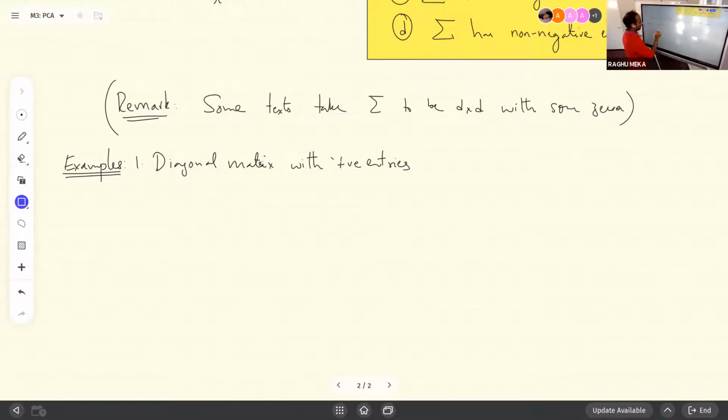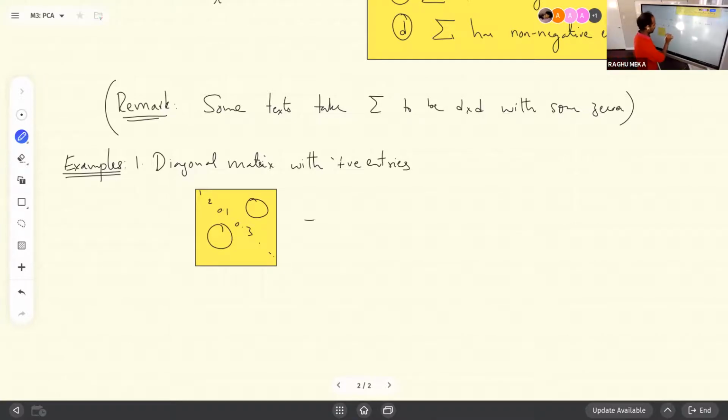So imagine my matrix was actually a square matrix, and it had, let's say, 1, 2, 0.1, 0.3 on the diagonal. So what would be a singular value decomposition here? Any guesses? So I need U sigma V where they satisfy those conditions, right? So what would be one way to factor it in that way?